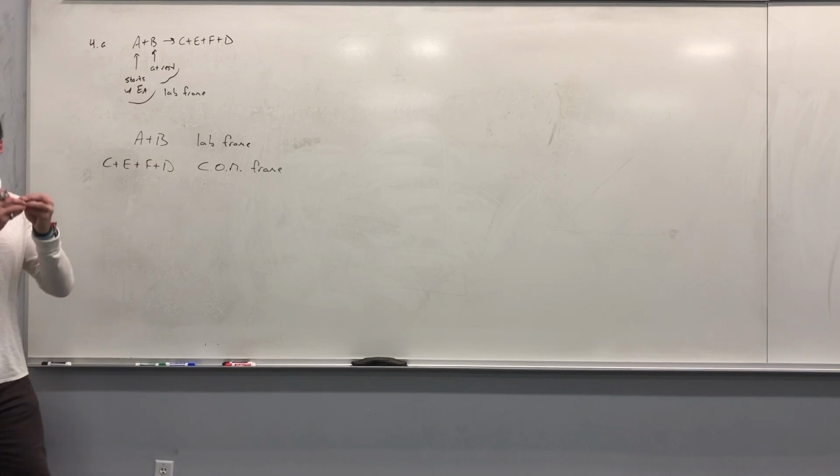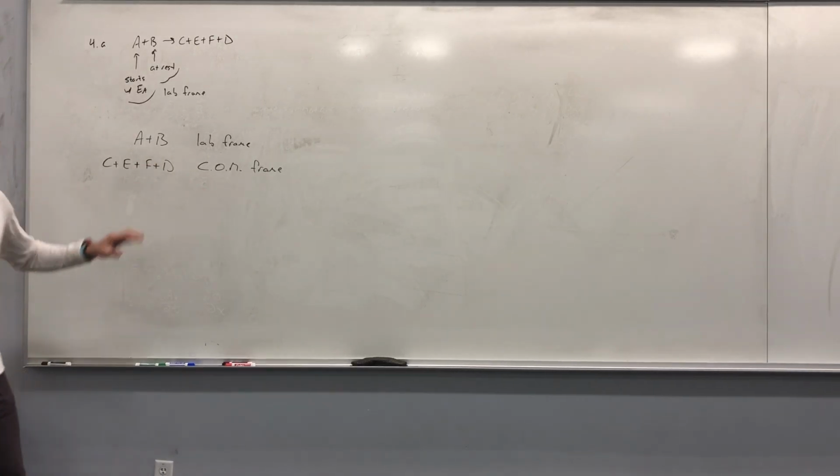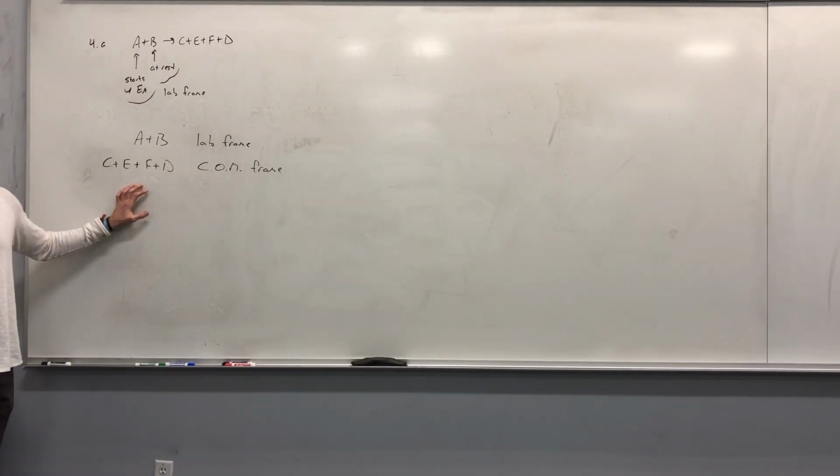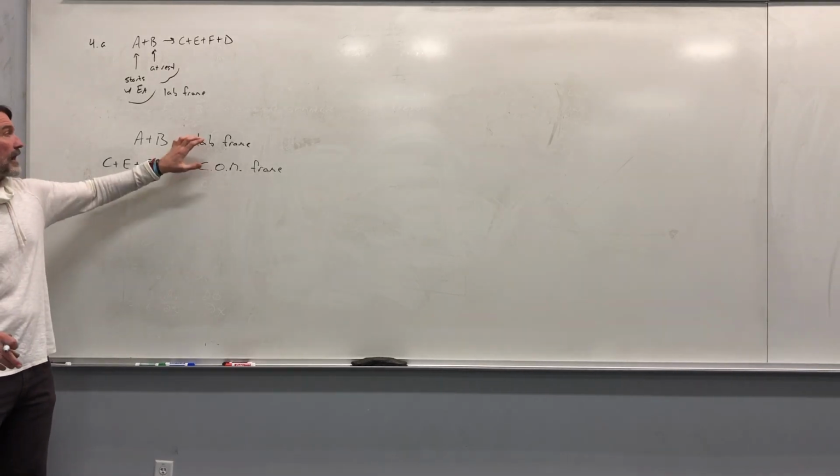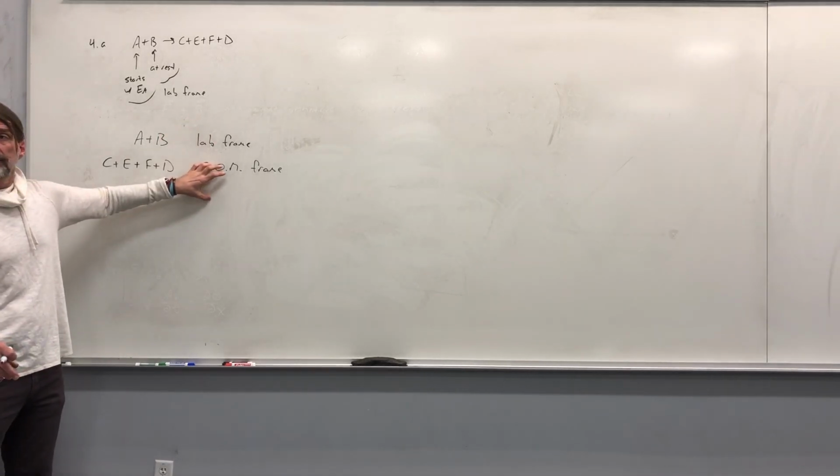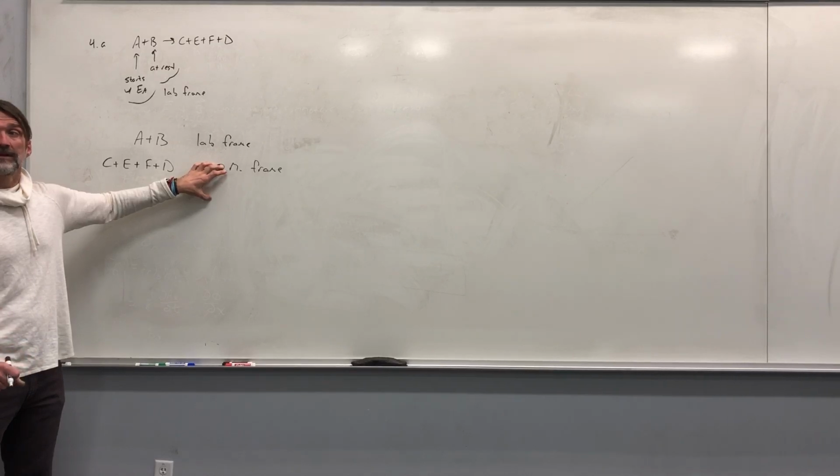In the lab frame, they would all be moving together, but in the center of momentum frame, which is the simplest, we can say they would all be at rest. Now, how do I connect the lab frame to the center of momentum frame? You'll see how I do that in just a moment.